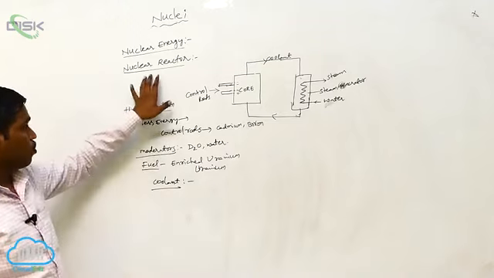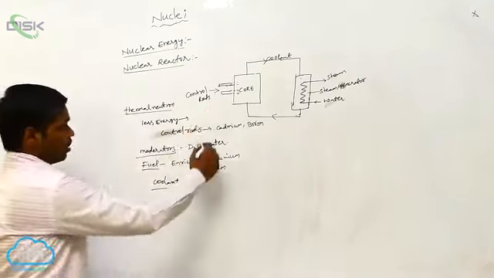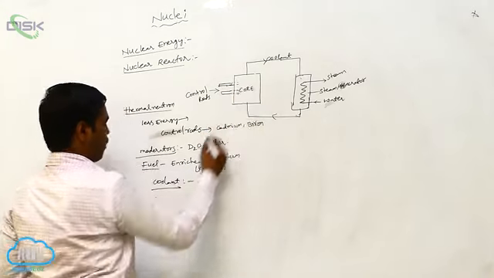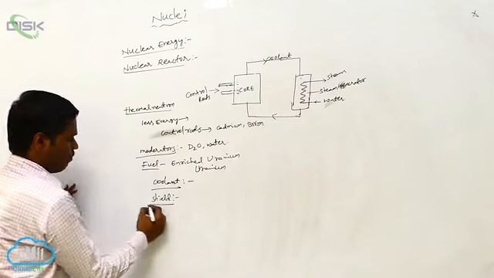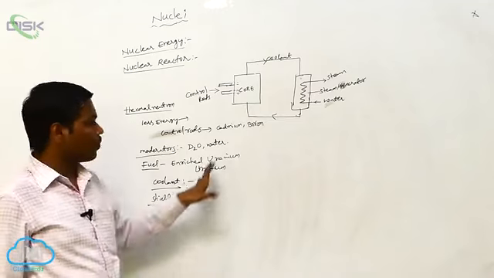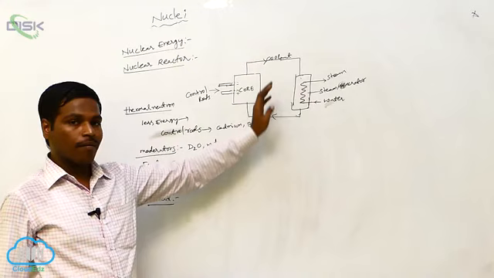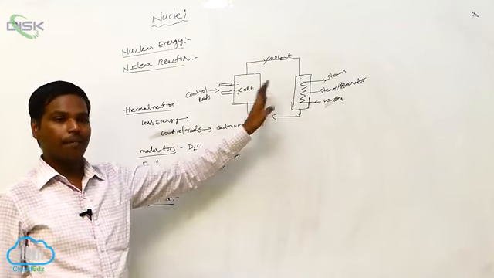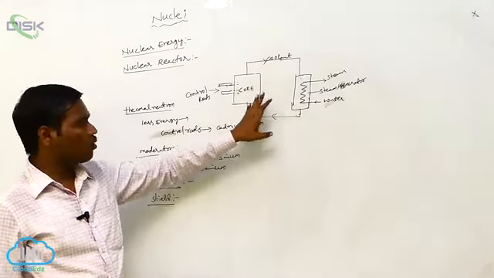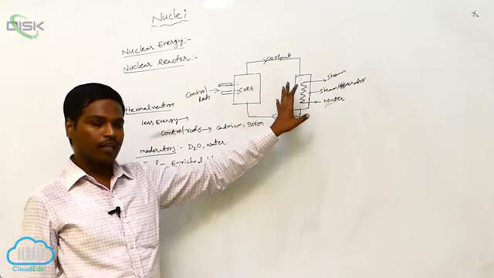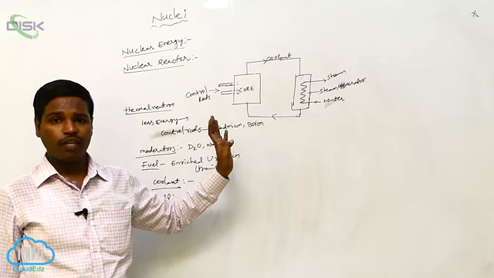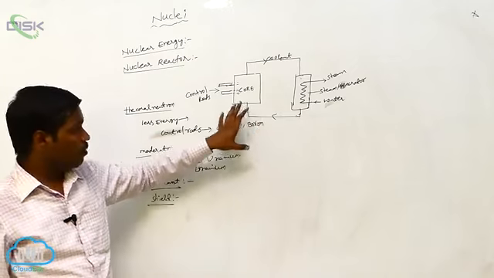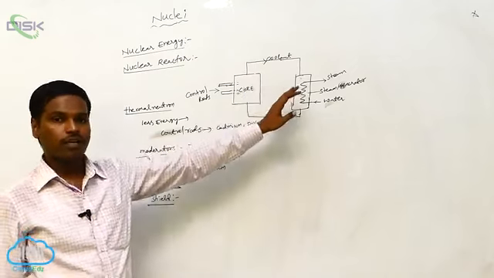This is the nuclear reactor, and this nuclear reactor also has the shield. Here it has the shield to reduce the radiations emitted by this nuclear reactor, and these radiations are very hazardous for the people who are working near this nuclear reactor.